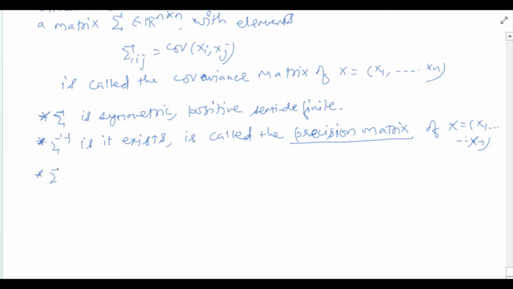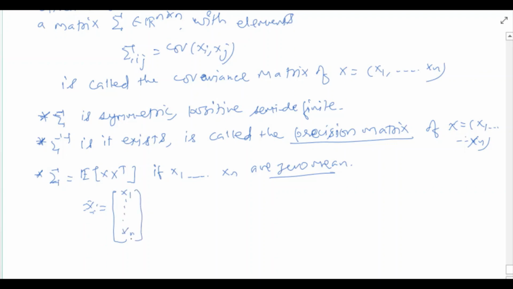Finally, the covariance matrix turns out to be expectation of xx transpose if x1 dot dot dot xn are all zero mean. Notice that here in writing this, x is a column vector of the random variables x1 to xn.